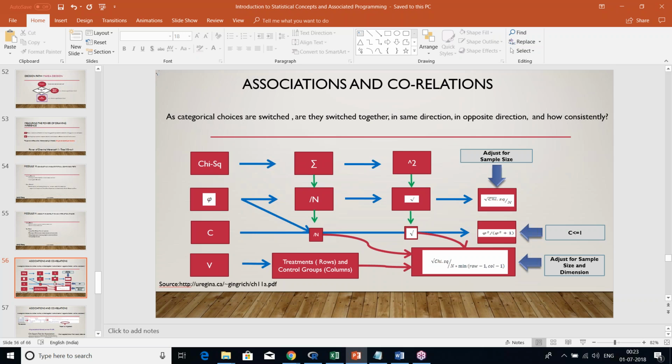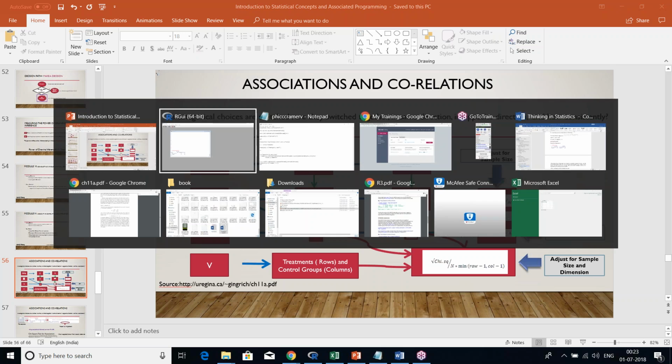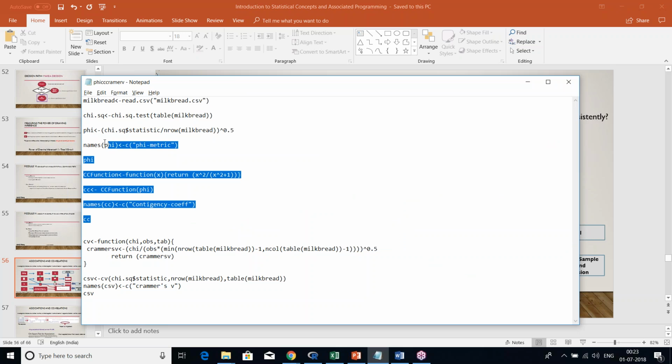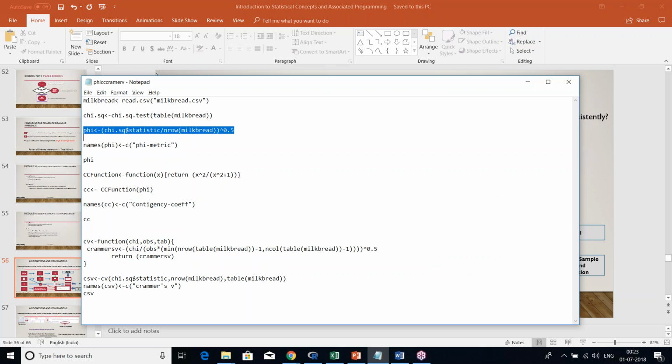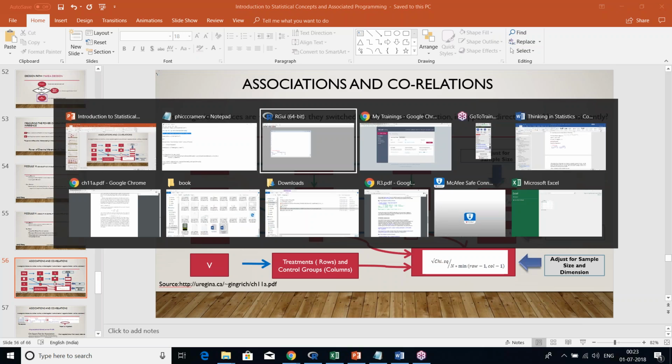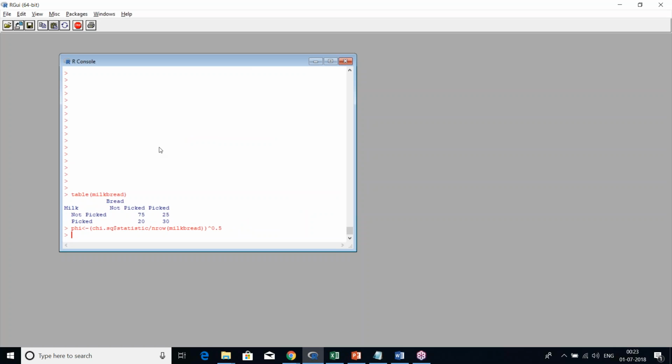The first adjustment is called phi. It consists of dividing the original chi-square metric by the number of observations, n, and we can quickly do this with this formula. We saw earlier how we can extract the chi-square statistic by putting a $ sign on the chi.sq variable and getting the statistic value.